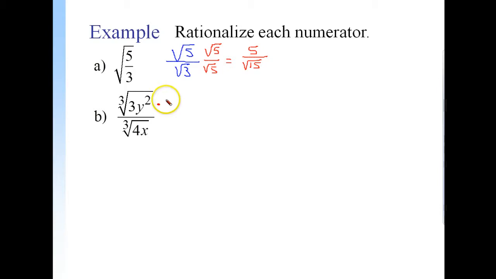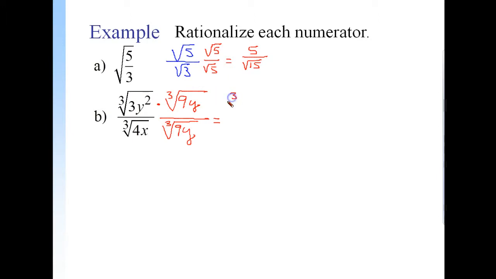And we have this. I guess I'll just use this right here. Save a little time. And what do I multiply this by? Well, it has to be the cube root of 3 times 9 will give me 27y. That'll give me a perfect cube there. So this is going to be 27.